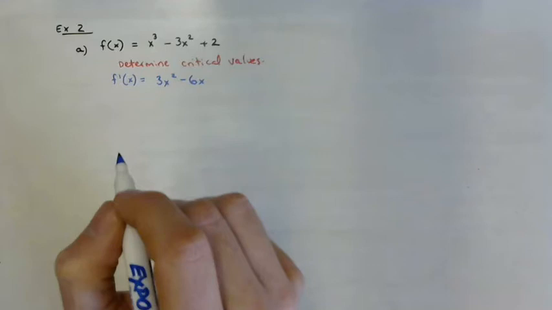Factor out 3x, leaves us with x minus 2, which tells us that x equals 0 or x equals +2. So those are our critical numbers, critical values.